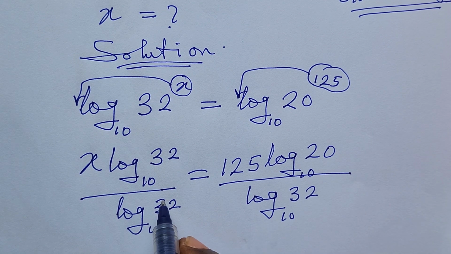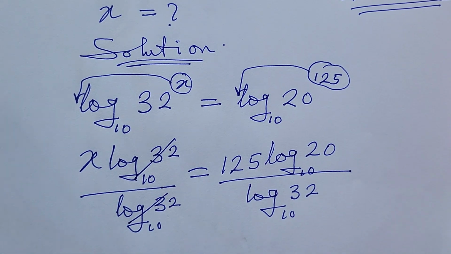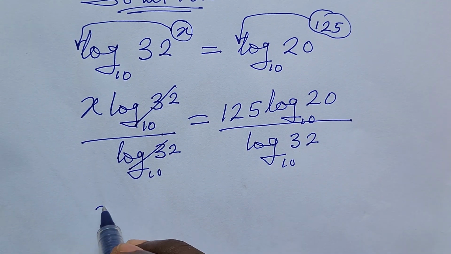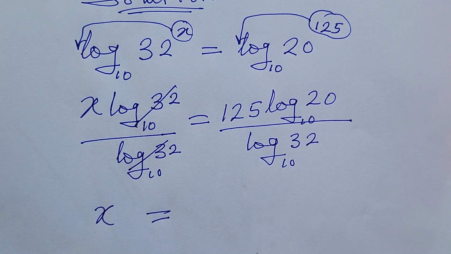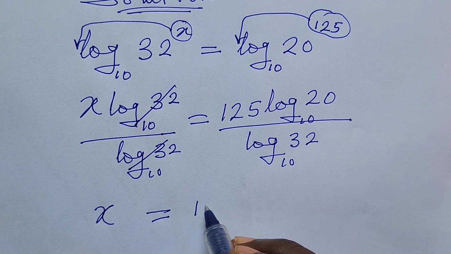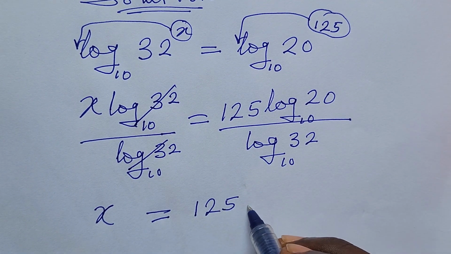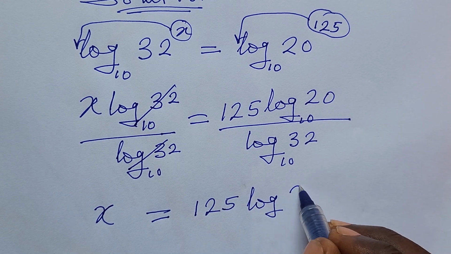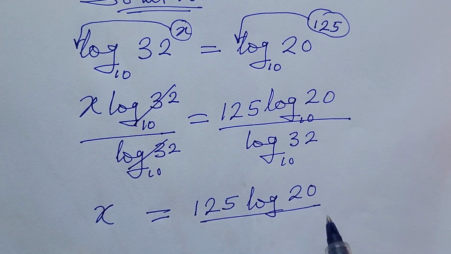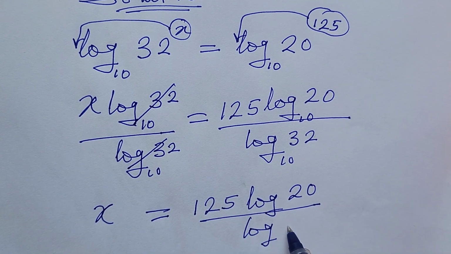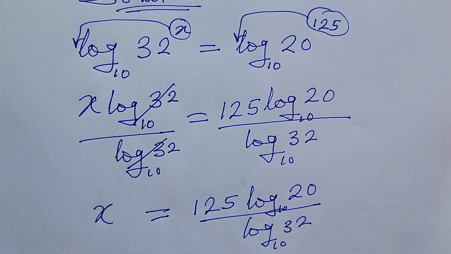So automatically, this and this will leave the system. We're now left with x equal to 125 log 20 all over log 32, all base 10.